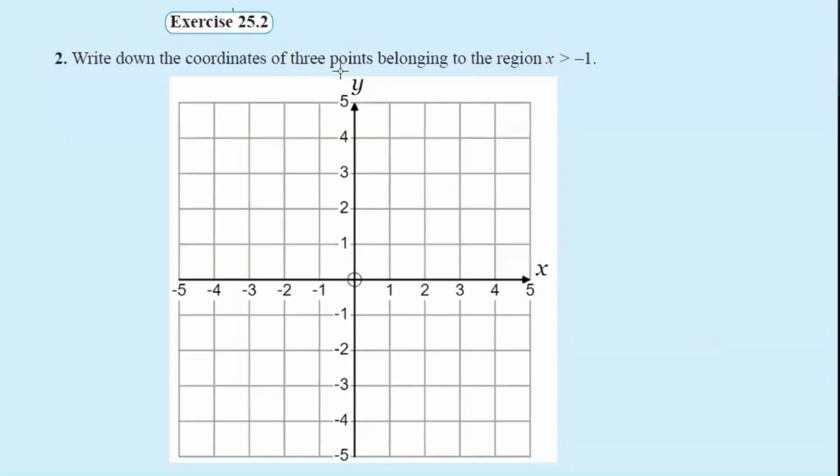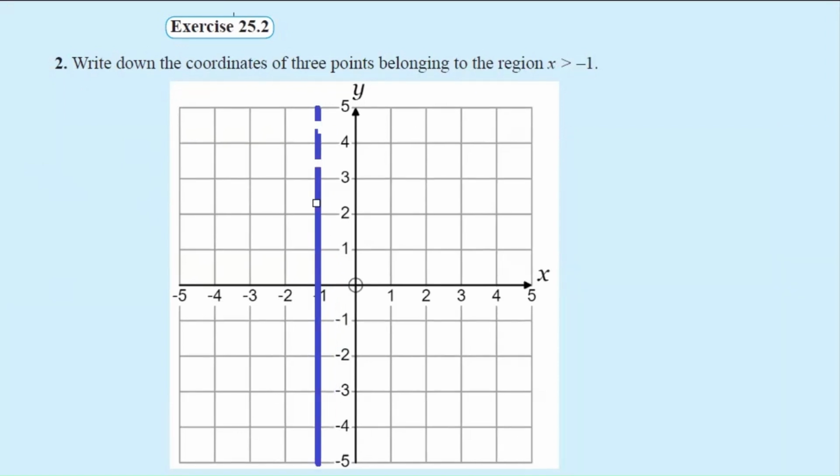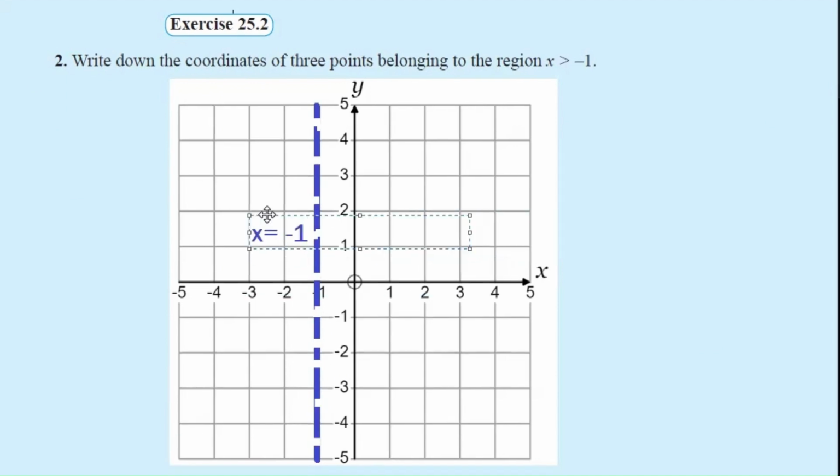Question number 2. Write down the coordinates of 3 points belonging to the region x greater than minus 1. First, draw the straight line x equals minus 1. Since the inequality is greater than, we mark the straight line as a dotted line.